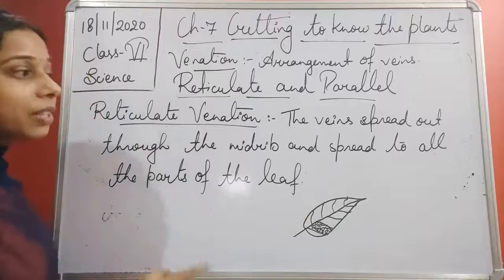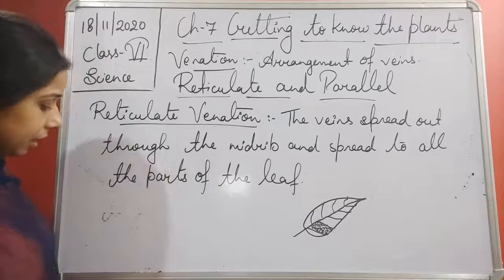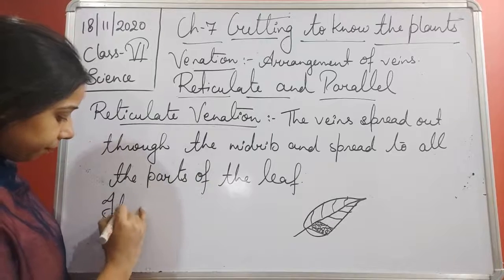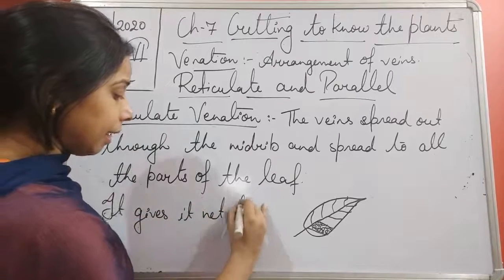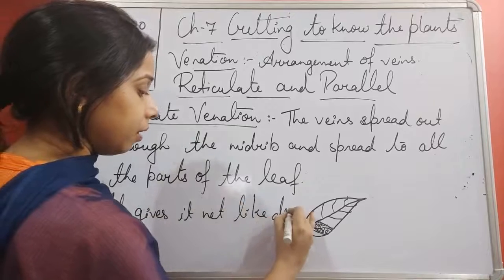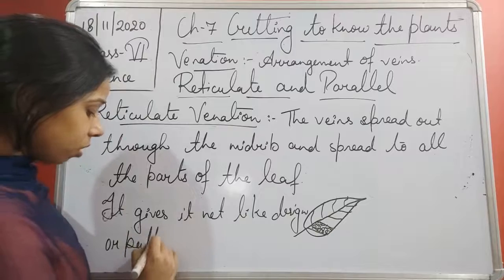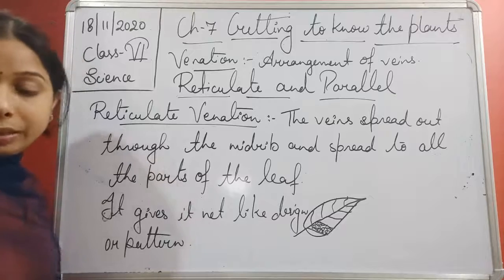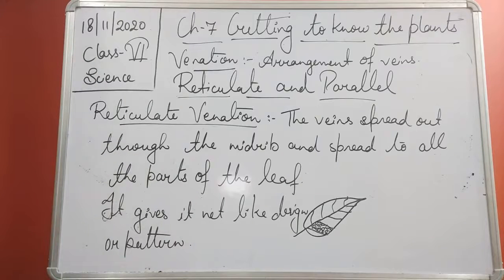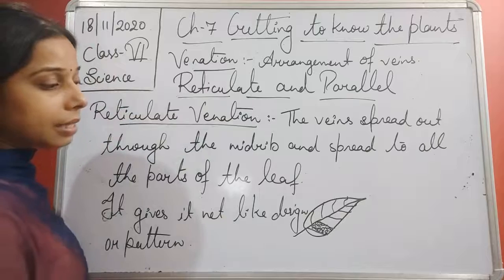Because of this spreading of the veins throughout the leaf, student, it gives a net-like design or pattern. So because of that only, students, we can say that it gives a net-like pattern or net-like design. So why does it appear as a net?